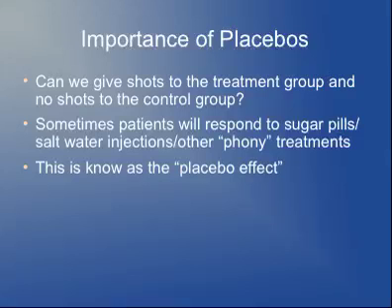It turns out that's a bad experimental design because the human brain is a really remarkable thing that sometimes we will get better if you give us sugar pills or inject us with water or do other phony treatments. This is a phenomenon known as the placebo effect.